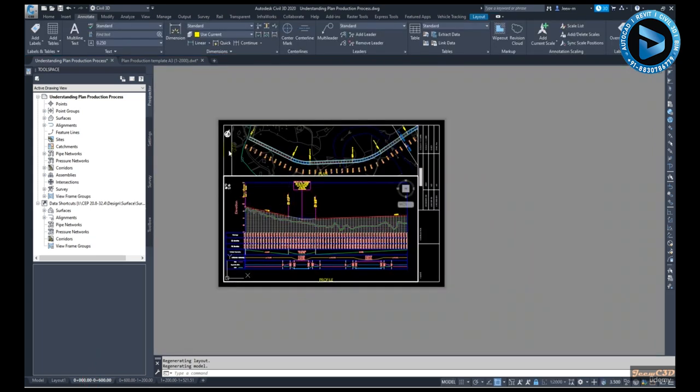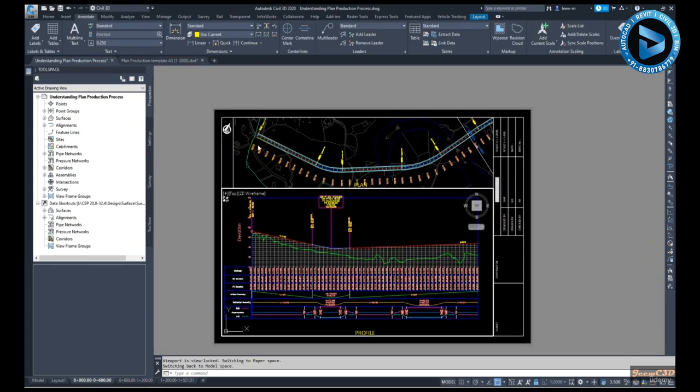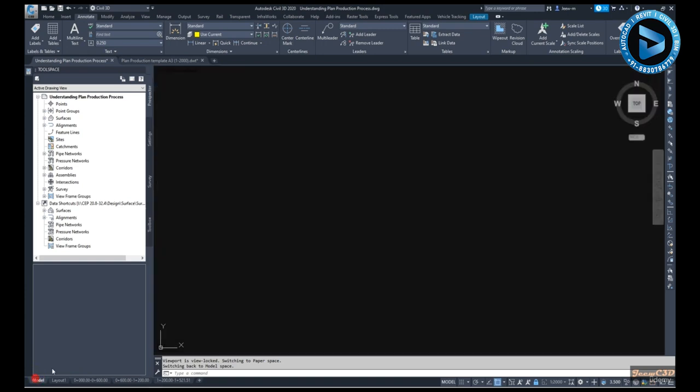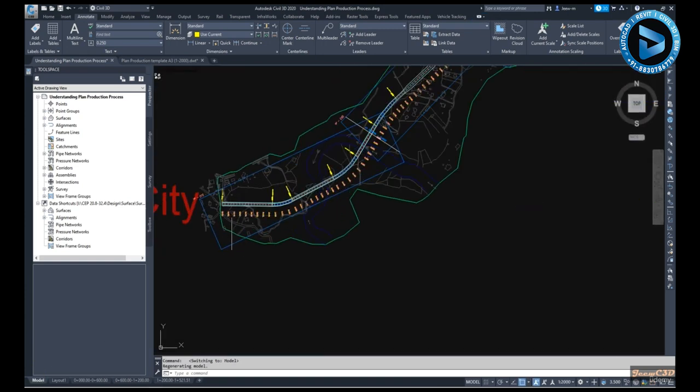Then we have to understand what is meant by this north arrow. If I move here, you can see my view frame is rotated into a horizontal position. First, this view frame, if you see here, is at this angle. Now when we are viewing it in the layout, it is rotated to this angle because we are seeing it horizontally.